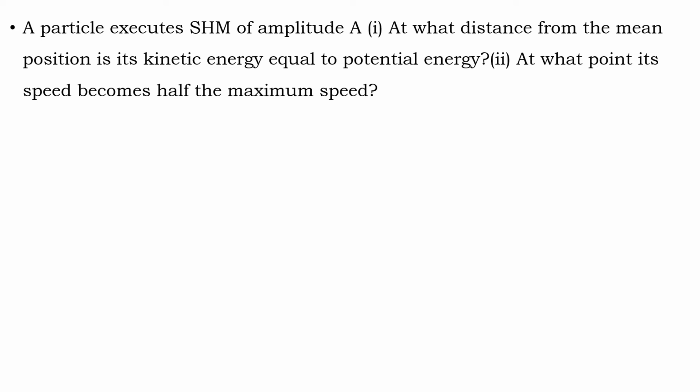First, we consider the kinetic energy equal to the potential energy and the corresponding distance from the mean position. The kinetic energy can be represented as half K into A square minus x square, and this will be equal to the potential energy, that is half K x square.